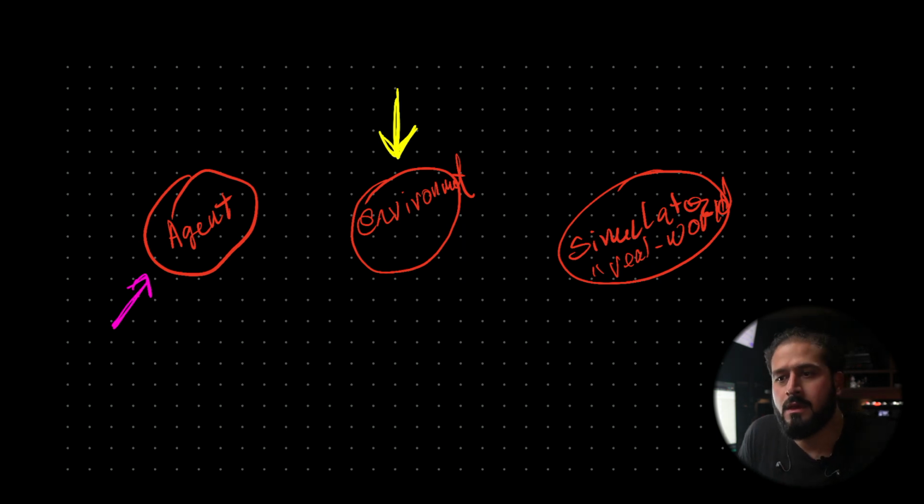A lot of the work, if you're an engineer, is going to be in the environment. A research scientist is going to work on the agent, and those guys who are really good at math and research are pretty good at that.